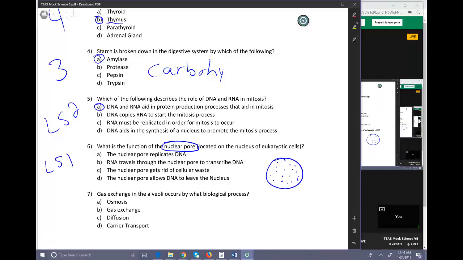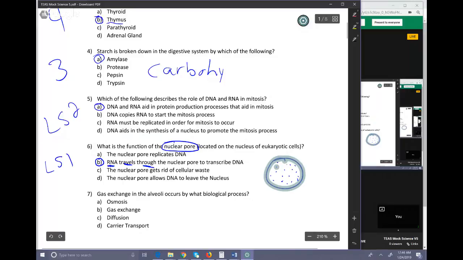The purpose of that is that that's how RNA travels in and out of the nucleus. RNA enters the nucleus so that it can transcribe DNA, and then it goes back out of the nucleus so that it can go to the cytoplasm and use that code to help synthesize proteins. So anytime you see nuclear pore, you're looking for RNA uses that to travel through.